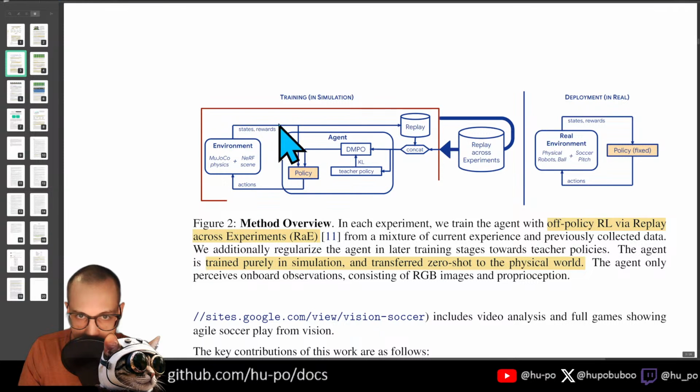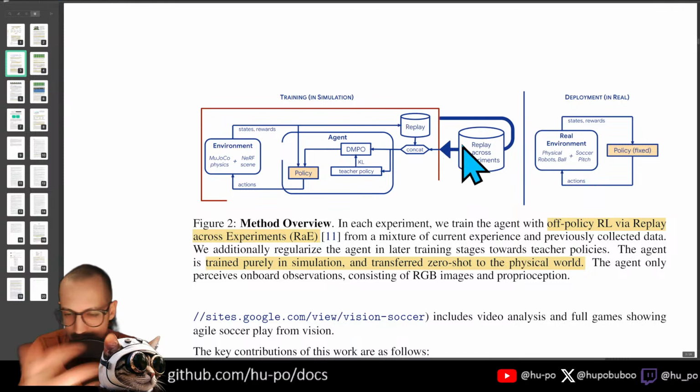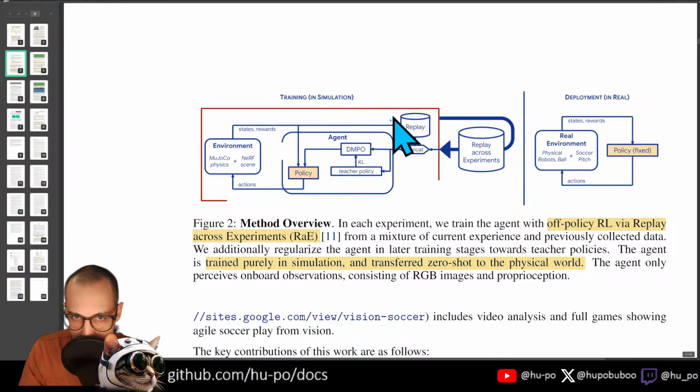You shove that data into this replay, and then take that replay and shove it into an even larger database called the replay across experiments. Whenever you're training your policy, you use the on-policy replay, but also sprinkle in a little bit of this broader off-policy data. It's a way of getting more data to train on than if you were just using this replay right here.